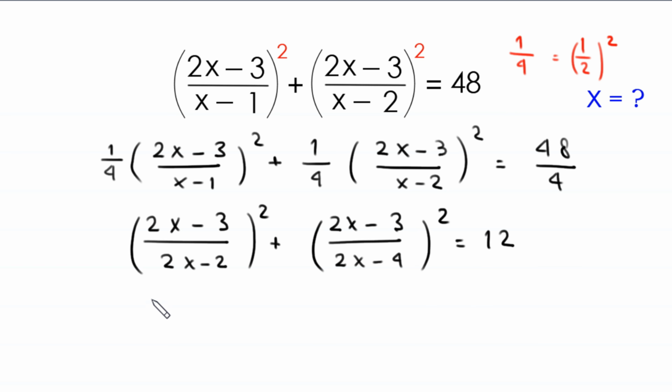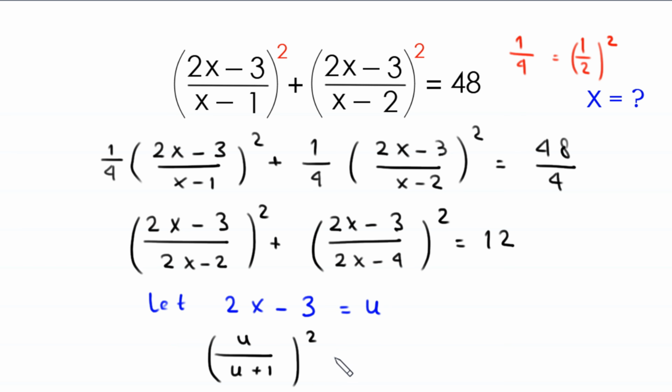Now we suppose that 2x-3 equals u. So the equation will become (u/(u+1)) whole squared plus (u/(u-1)) whole squared equal to 12.